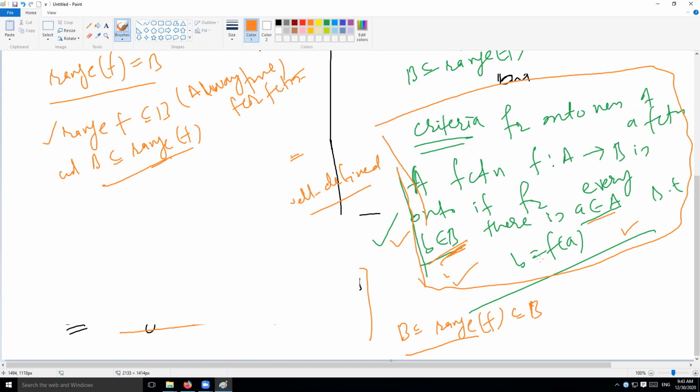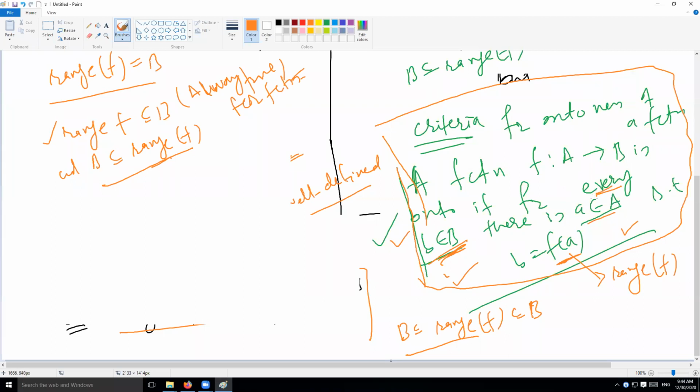If every B can be written in such a form and all such elements belong to the range, does f of a belong to the range? है भाई, ये f of a रेंज से बिलोंग करेगा? Yes, sir. करेगा ना? तो आपने क्या किया?